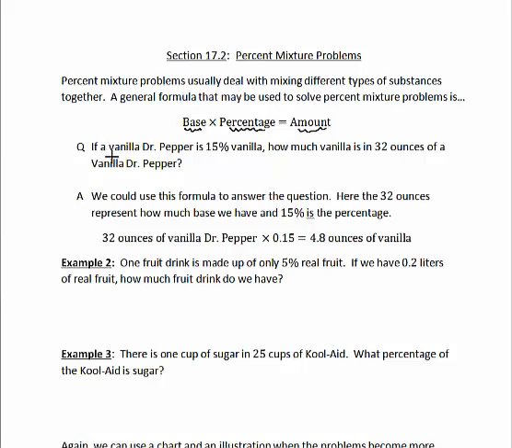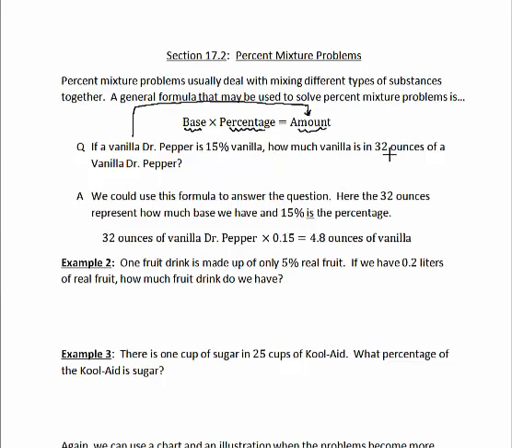The question is, vanilla Dr. Pepper is 15% vanilla. How much vanilla is in 32 ounces of a vanilla Dr. Pepper? So vanilla is an ingredient in the vanilla Dr. Pepper, and that's usually the amount. The confusing thing about this formula sometimes is that the base and the amount have the same units.